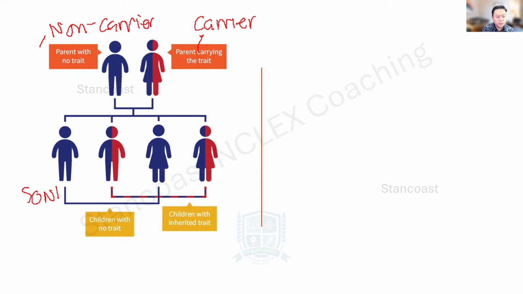Son number 1, we got son number 2. So here, the son will inherit the normal hemoglobin gene from the father, okay? However, he is inheriting one abnormal gene from the mother. And so he is going to be a carrier.